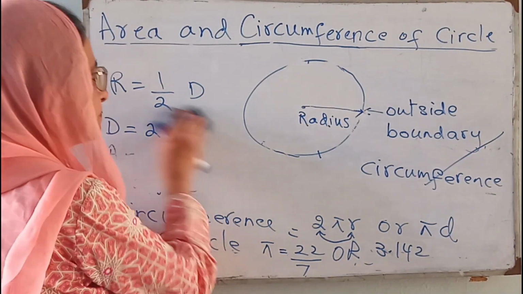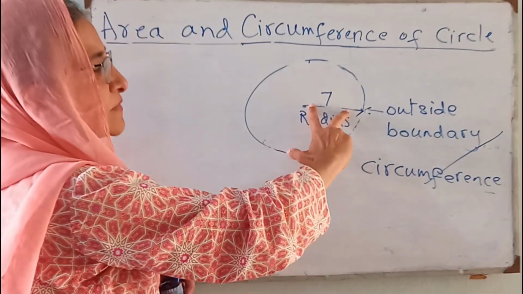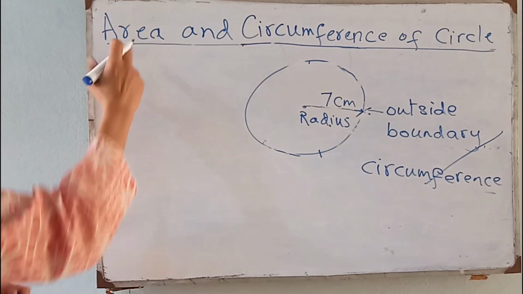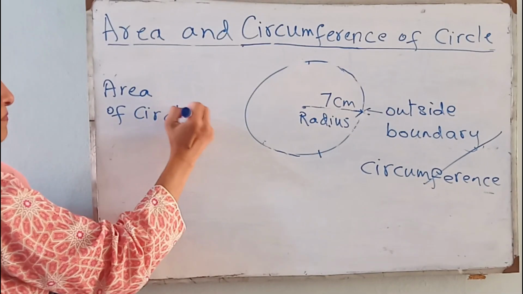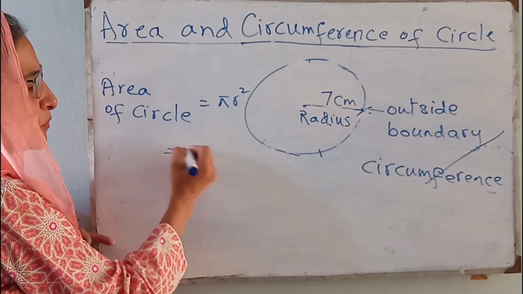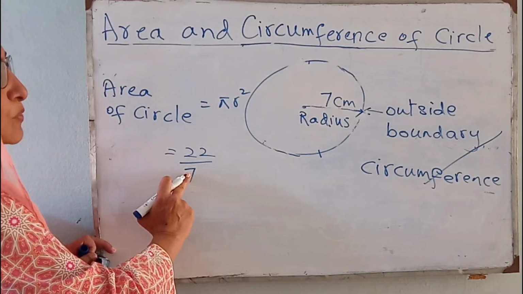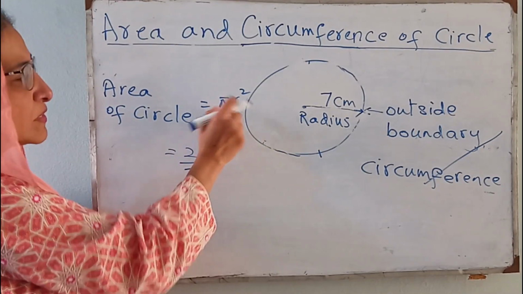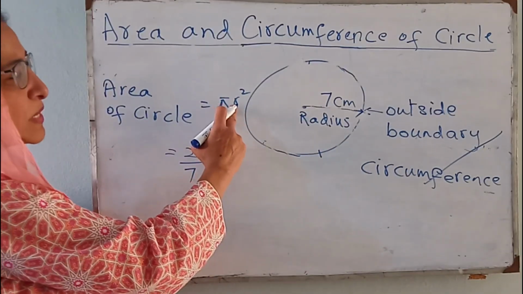Now for example, suppose that the value of r is given as 7 centimeter, and I have to calculate the area of the circle. So the area of a circle is pi r square. Instead of pi, I know that pi is equal to 22 by 7. I am going to substitute the value 22 by 7, and as I have told you previously, whenever there is no sign in algebra, that means we are multiplying them, and this has to be multiplied by r square.